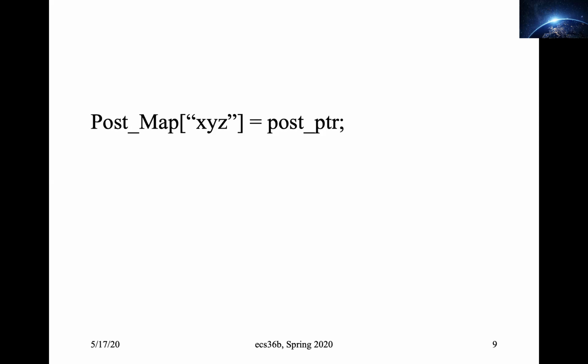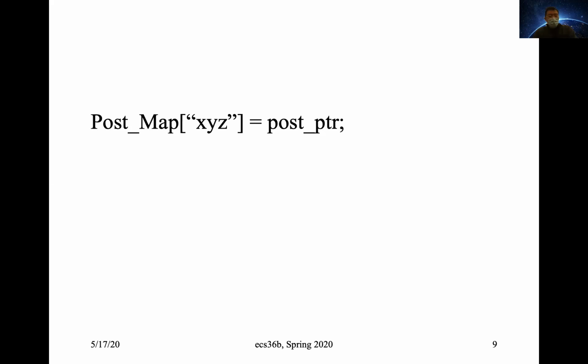So I just say post that particular string, n is equal to whatever element I would like to insert, which is a post pointer, and that is very easy for me to do. It's almost as easy as the JSON programming when you insert a key value pair. So this part, the std map, is exactly the same as the way we handle the JSON object. Okay, so that's number 1.